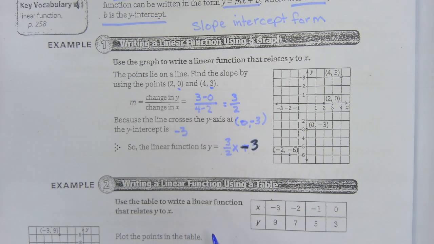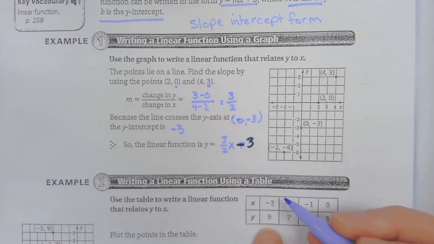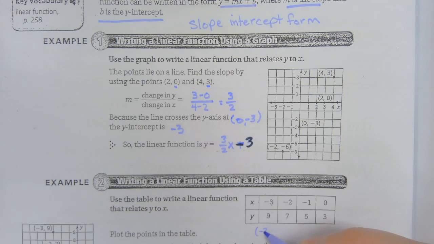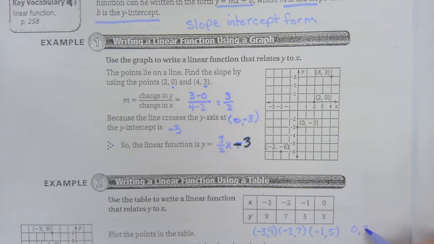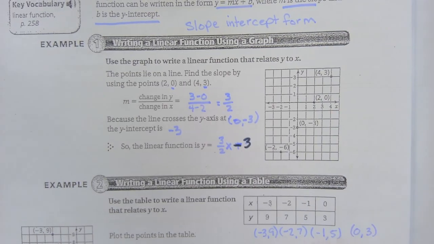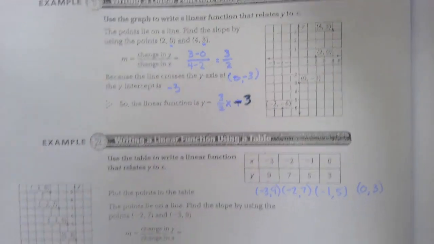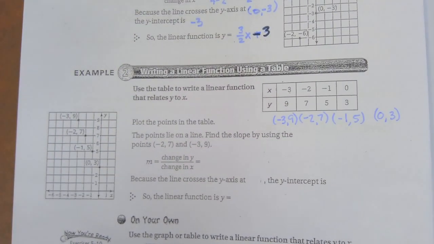Using a table, we learned this also as well. We can use a table, and remember, these all create ordered pairs. So this is (negative 3, 9), (negative 2, 7), (negative 1, 5), and (0, 3). That makes all those ordered pairs. So I can pick any of those ordered pairs that I want, and I can find the slope.